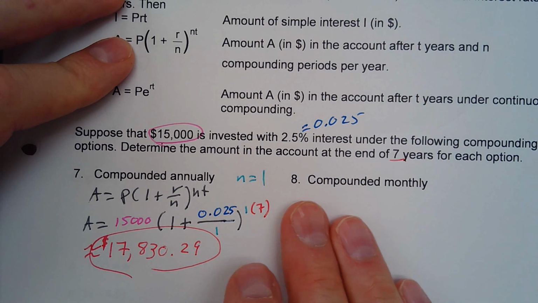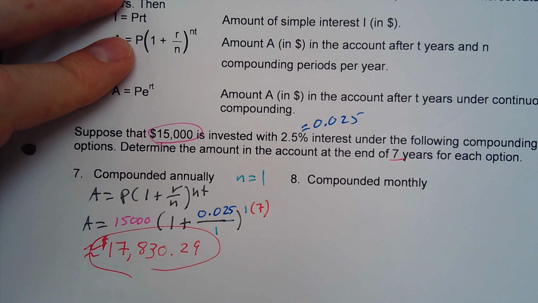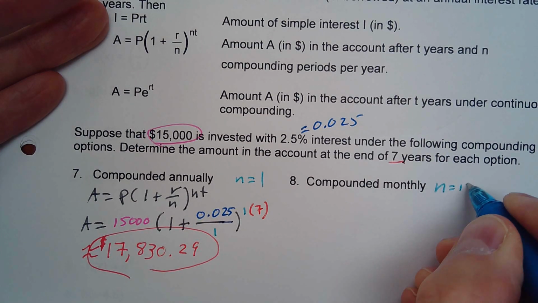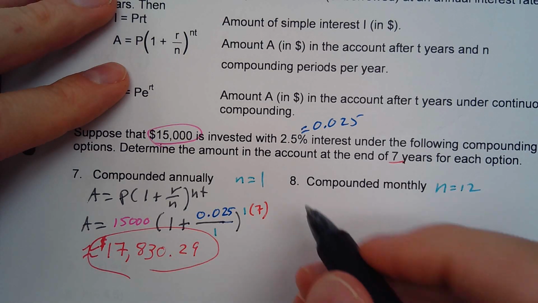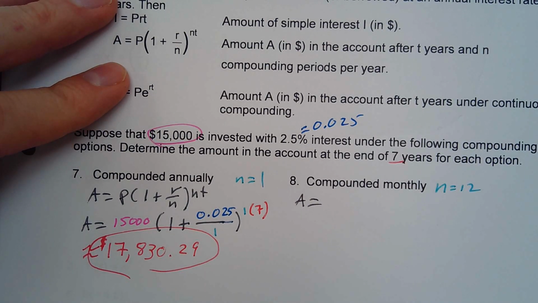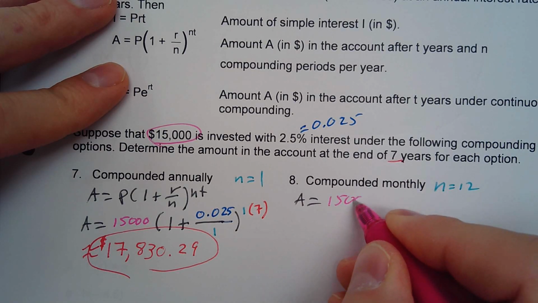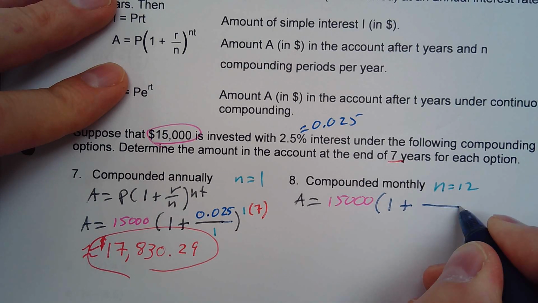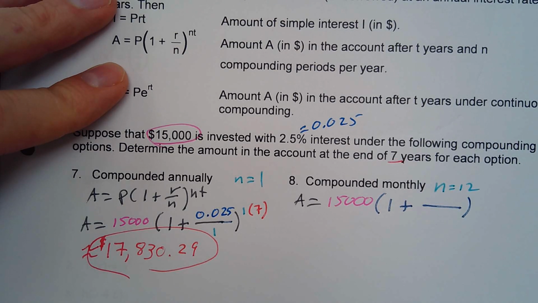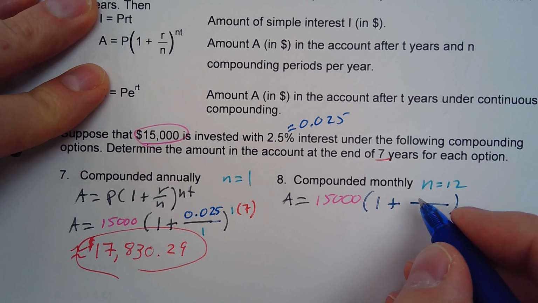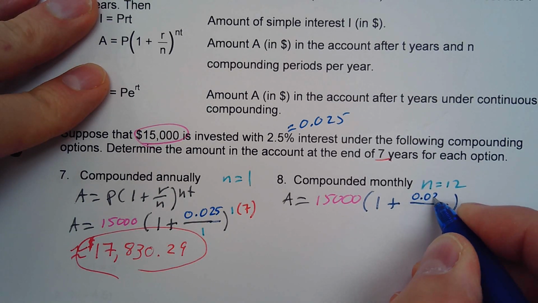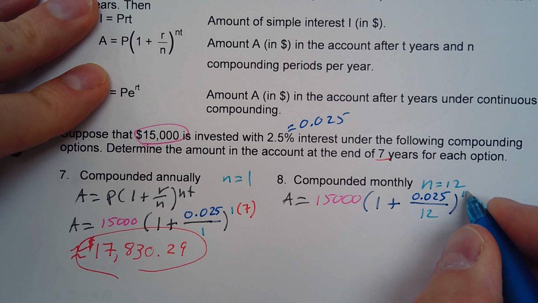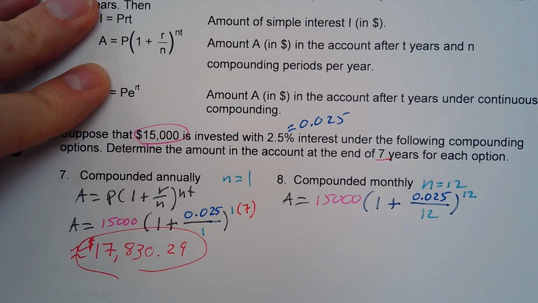Now, number 8 is really almost the exact same calculation. The only thing we're changing is n. n is now 12. But in terms of writing this out, everything else stays the same. I'm going to still use 0.025. This time I'm going to be using 12 for n. My years is going to be 7.